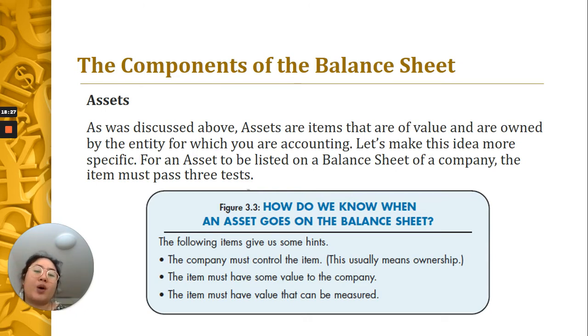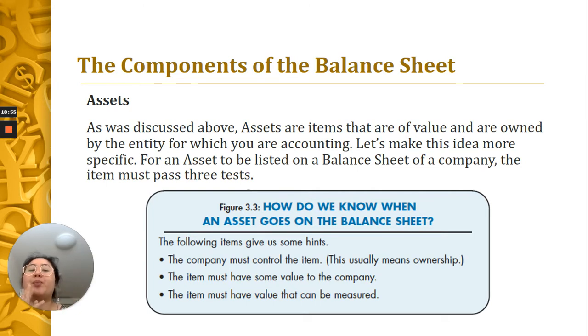As discussed above, assets are items that have value and are owned by the entity for which you are accounting. Let's make this idea more specific. For an asset to be listed on the balance sheet of the company, the item must pass these three tests.